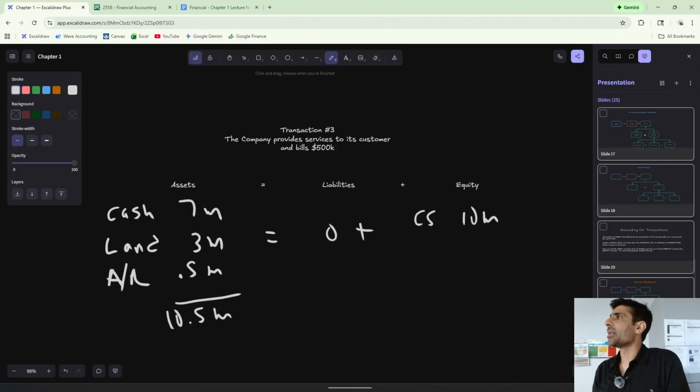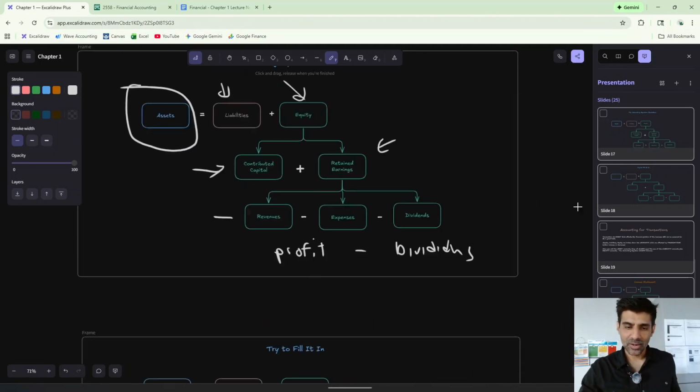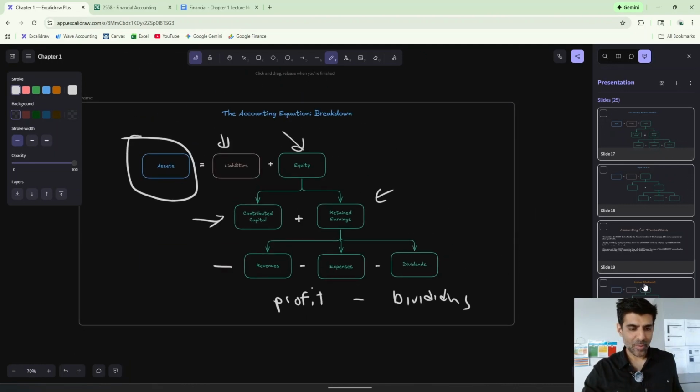So we generated a revenue here, right? And as we saw in our schematic, within equity, we have contributed capital, that 10 million, and then revenue is also an increase. Essentially, a positive here is a positive to retained earnings, which is a positive to equity.